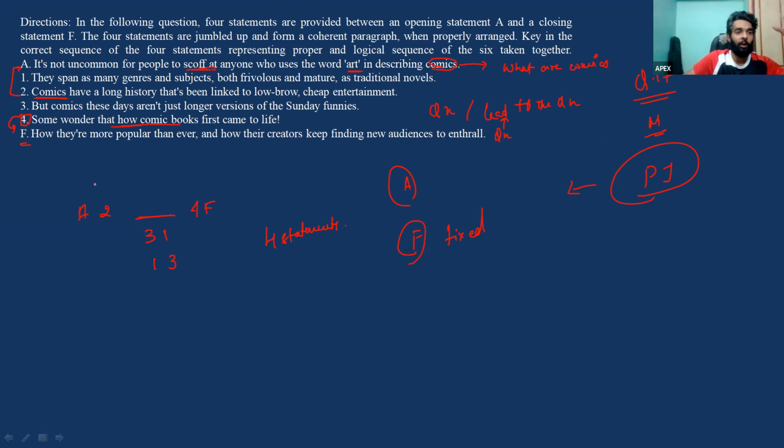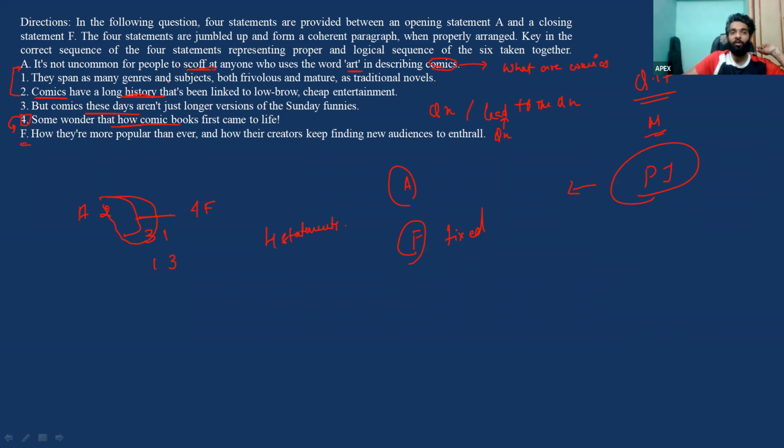Let's check it out. So if I'm putting 3 after 2, comic books have a long history that's been linked to lowbrow cheap entertainment, but comics these days. So I'm comparing between the history and present. Are you getting? So this becomes a comparison. What about 2-1? Comics have a long history that's been linked to lowbrow.